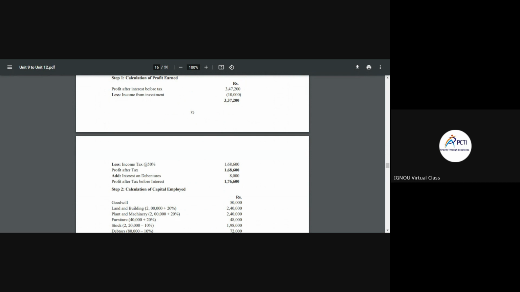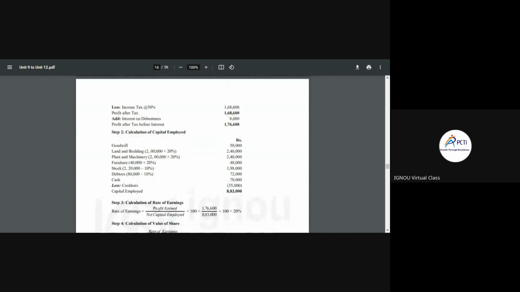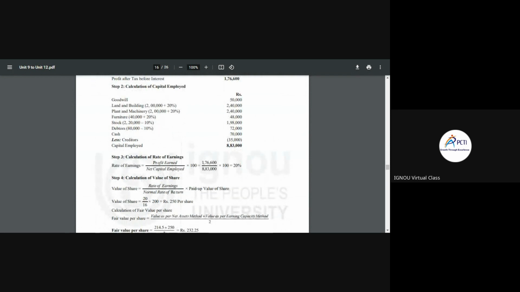Then we add interest on debenture 8,000. We get profit after tax before interest 1,76,600. Our step 2 is calculation of capital employed. Goodwill 50,000. Exactly the same process which we did earlier. Then from it we deduct the creditors and we get the capital employed 8 lakh 83,000.